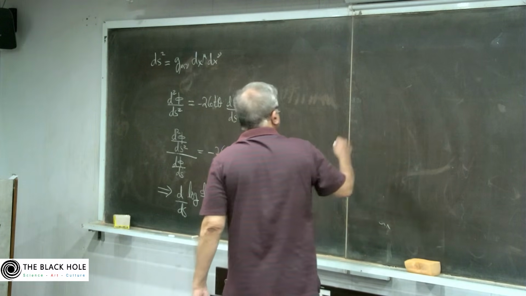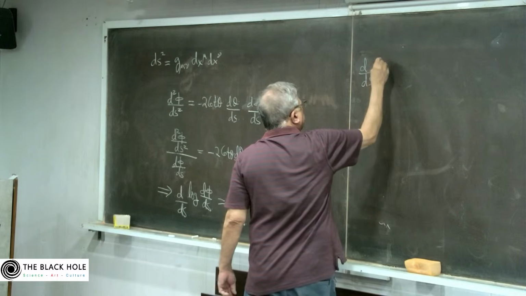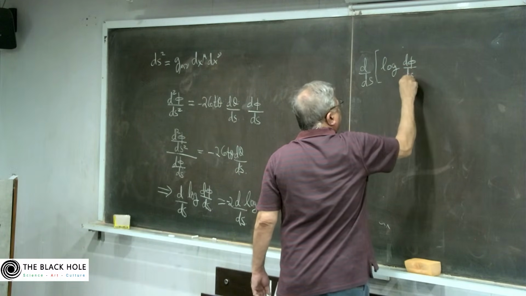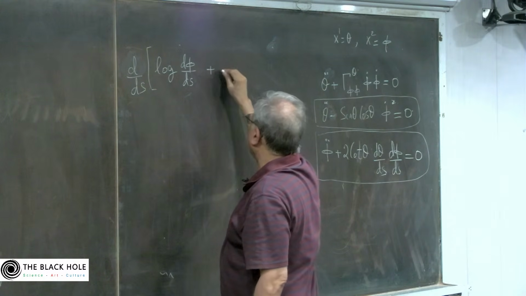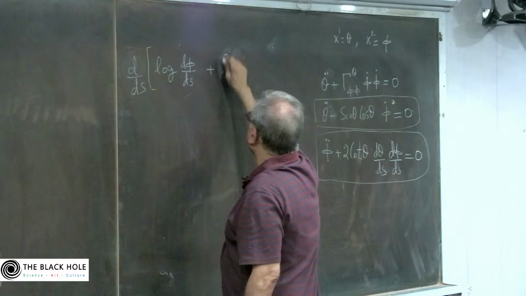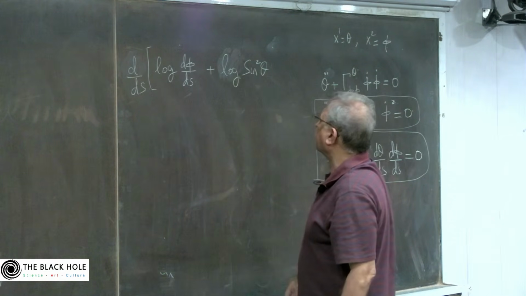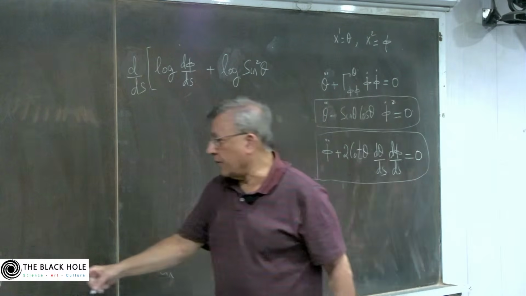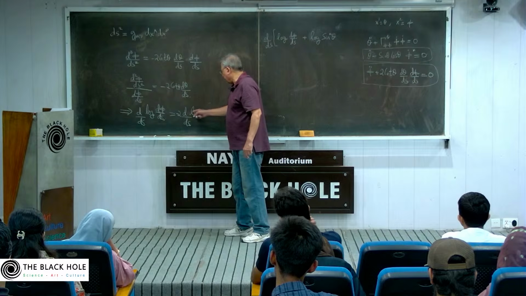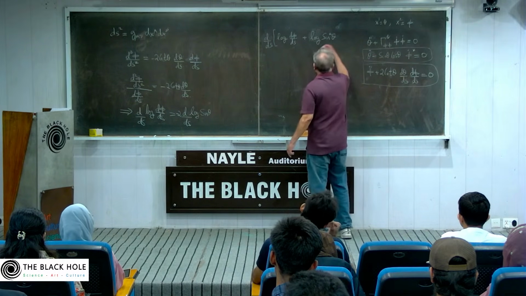In fact, we can even do this, d by ds of log of d phi by ds plus 2 log of sine theta. 2 log of sine theta is the same as log of sine squared theta, so that way I can get rid of the 2.